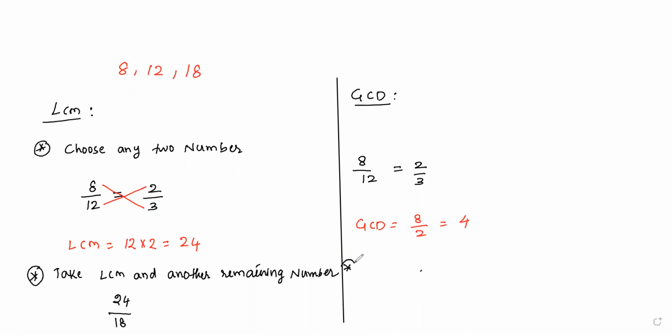In this case, what we are doing, take the GCD and another remaining number. So that is 4 divided by 8. If you cancel here in the 6 table, 6 4s, 6 3s, it will be the simplest form.